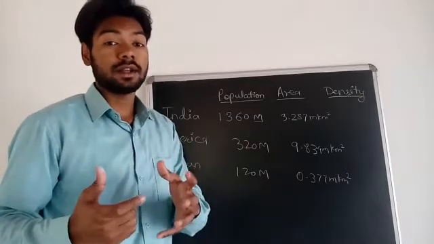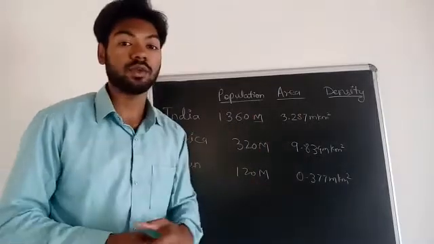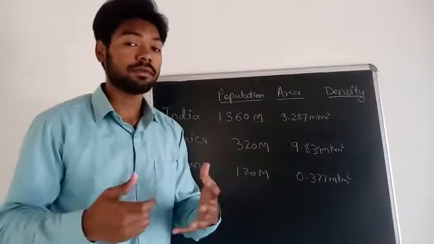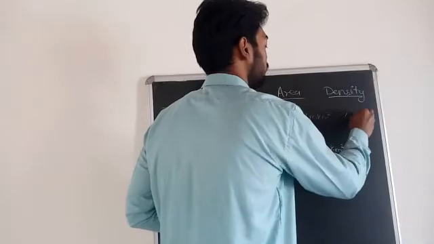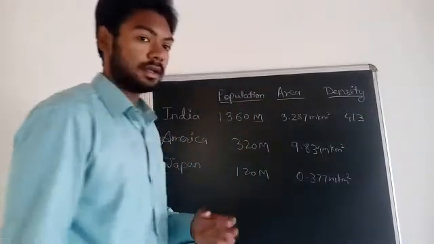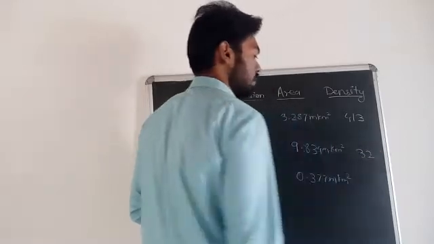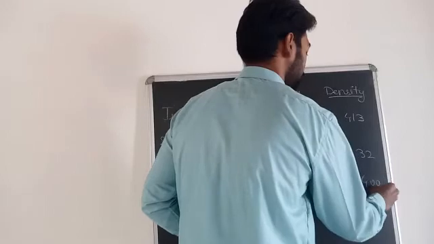Now if you have done the calculation of density from population and area, you might have figured out the density of India is 413, the density of America is 32, and the density of Japan is 400.